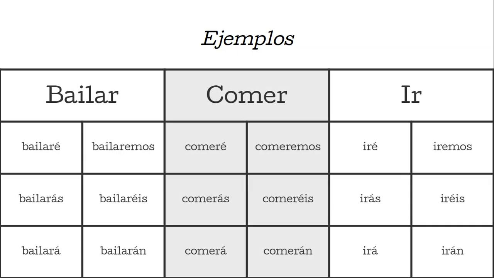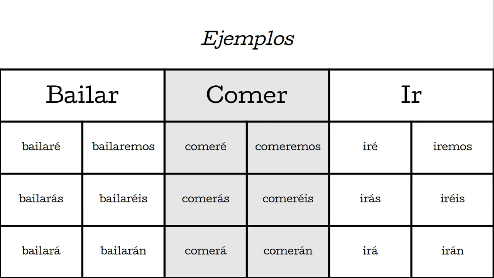Now that you guys have finished filling in those 3 verbs, I'm going to show you what the answers are. So we have bailar, and these are pronounced bailaré, bailarás, bailará, bailaremos, bailaréis, bailarán. We have a lot of accents on these, and that is where you're going to be stressing the word.